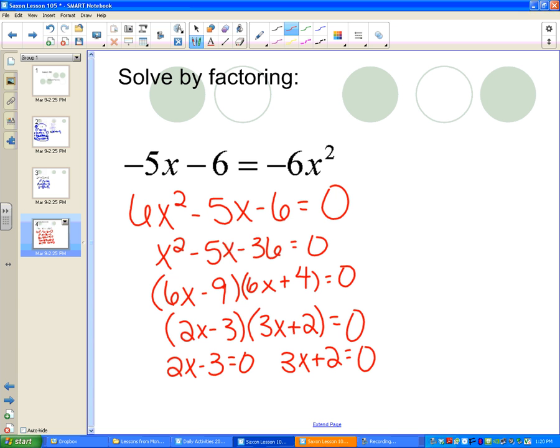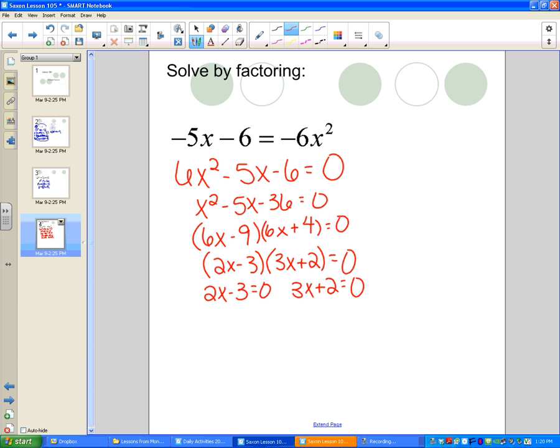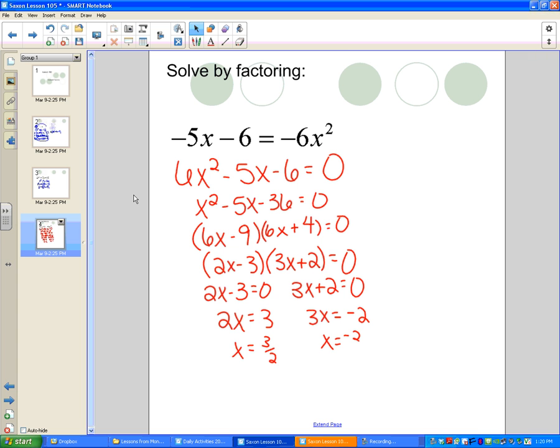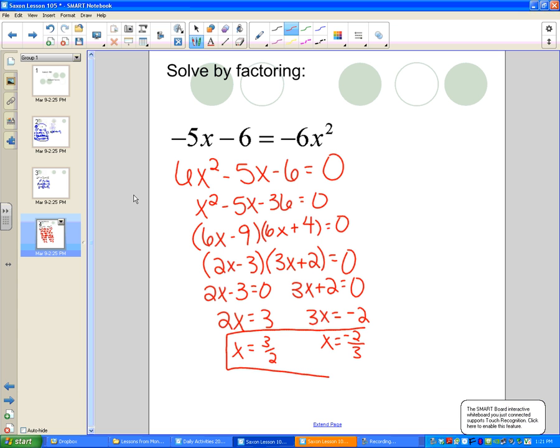You have to set them both equal to 0. And now we solve for x. So 2x equals 3. So what does x equal? And 3x equals -2. So x equals... Does that make sense?